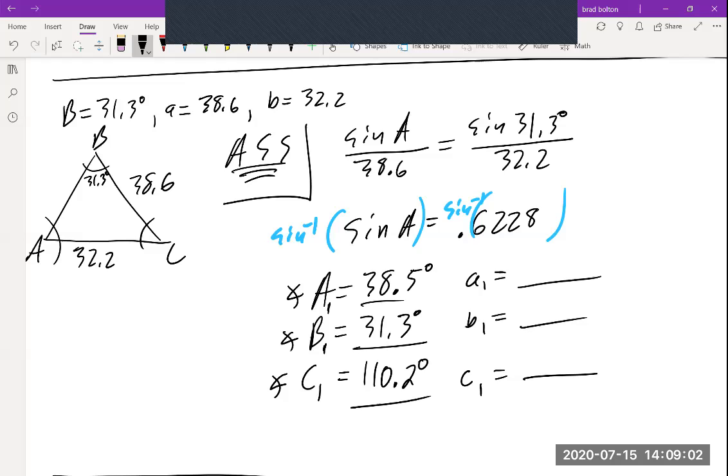Okay, so now we already know that side A is 38.6. Did they give us another side? Oh, B is 32.2. So now all we need to do is find C. So I'm going to say C1 over the sine of 110.2 degrees. Geez.